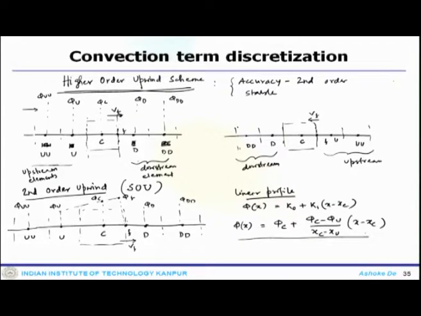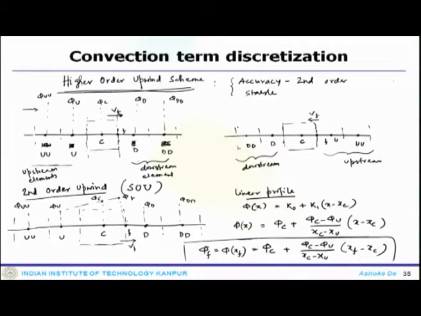Now, what happens then at phi f, which is essentially phi at x f, is going to be phi c plus phi c minus phi u divided by x c minus x u multiplied by x f minus x c. So, that is how you get the face value.